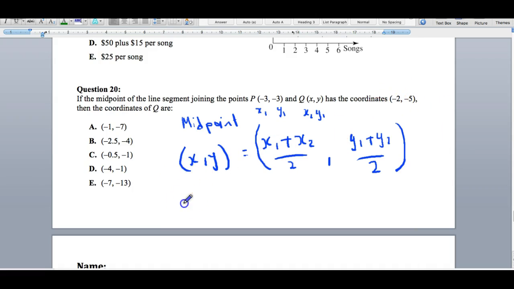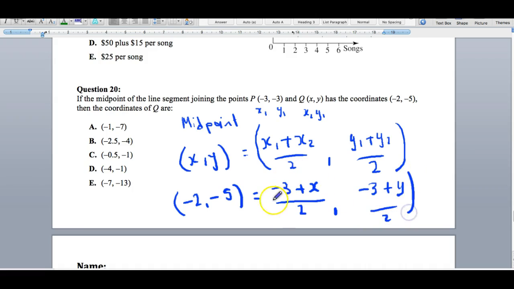So I'm going to put my midpoint here, -2, -5, is equal to the two x's, so -3 plus x over 2, remembering this point here is in the form x and y, and then the y one is also -3 plus y over 2. Let me do this in a different colour, so I'll do this in red.